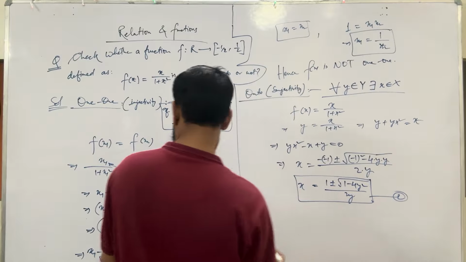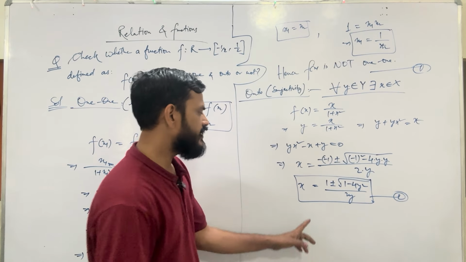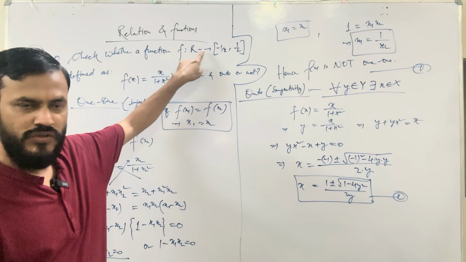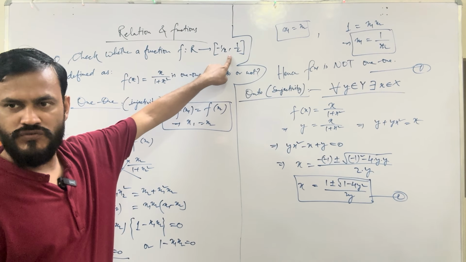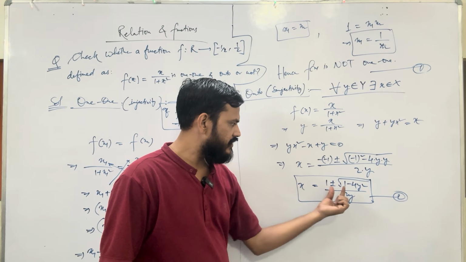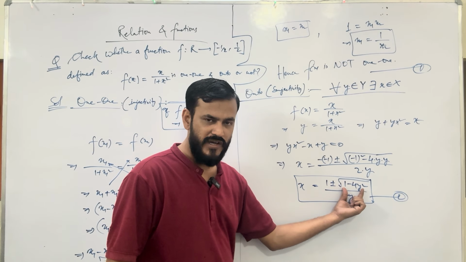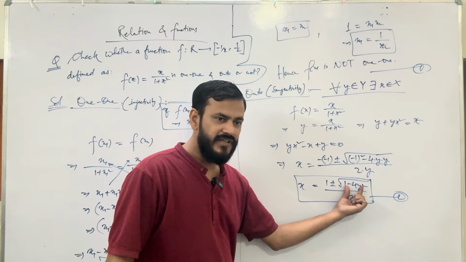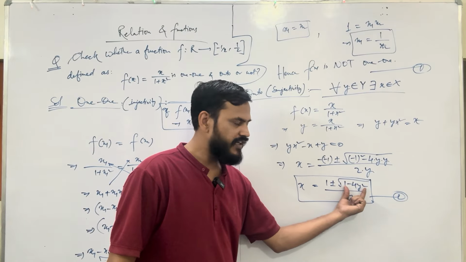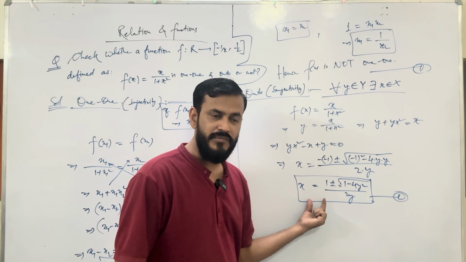Now you see, here x is being mapped from real numbers to minus 1 to 1. So x should be real. If x is real, the value in this square root should be positive. If the value in the square root becomes negative, this will give you an imaginary, complex number. So you want this value to be always non-negative. Otherwise, it will give you an imaginary number.